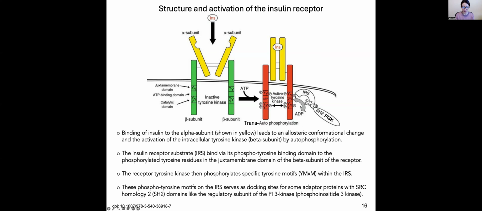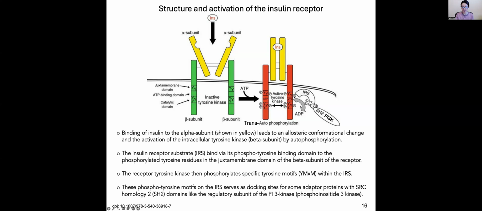And once this IRS binds to the phosphotyrosine on the insulin receptor beta subunit, the receptor tyrosine kinase is going to phosphorylate specific tyrosine motifs on the IRS. So it's shown here, okay?